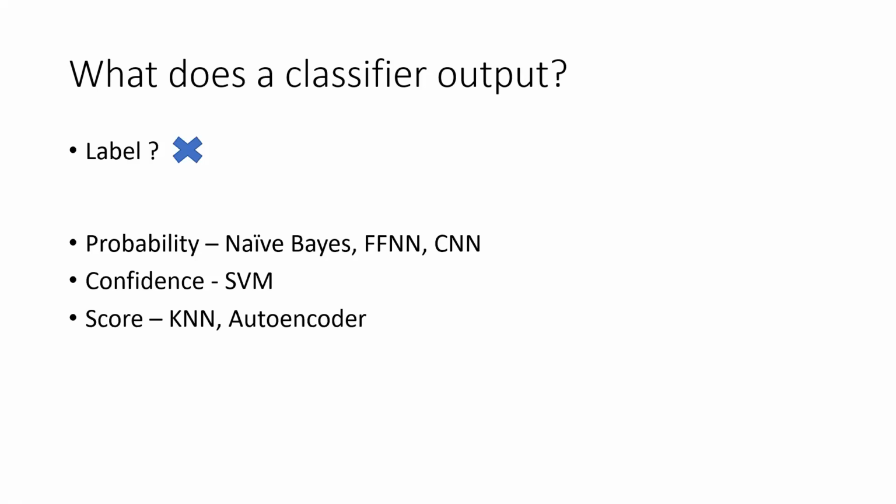So if you have two classes, it says P1 over P1 plus P2. By default, the threshold is 0.5. If you have 3 classes, by default the threshold is 0.33. If you have 4 classes, by default the threshold is 0.25, right?